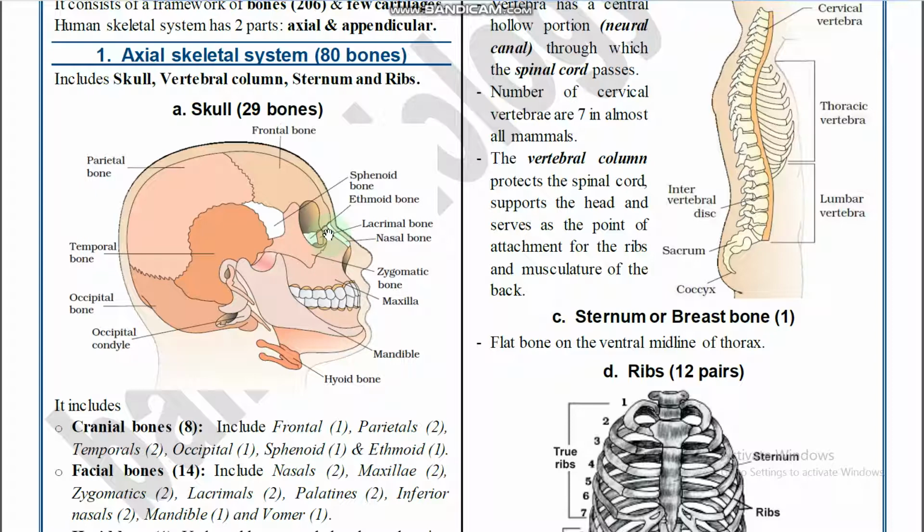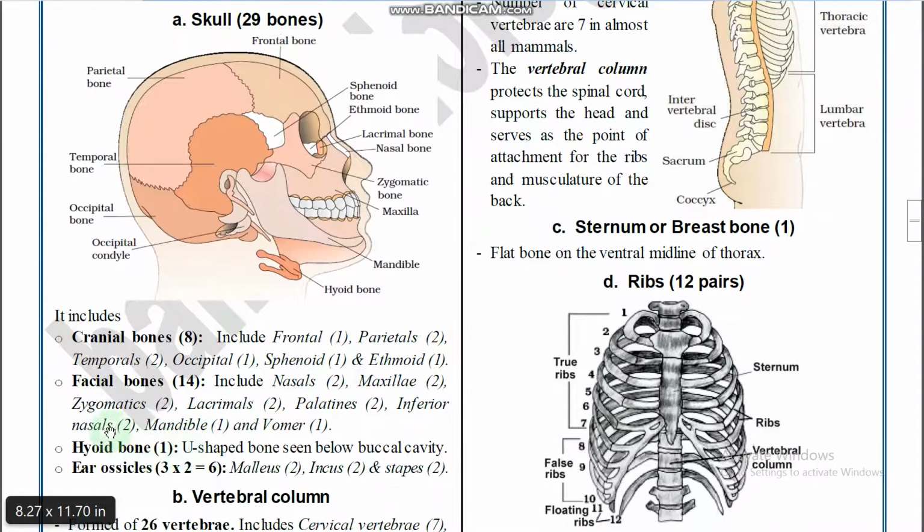In the NCERT textbook a labelled diagram is given, which is most important, so go through that, right? So cranial bones are 8: frontal 1, parietal 2, temporal 2, occipital 1, sphenoid 1, and ethmoid 1. Total bones in the cranium region are 8.